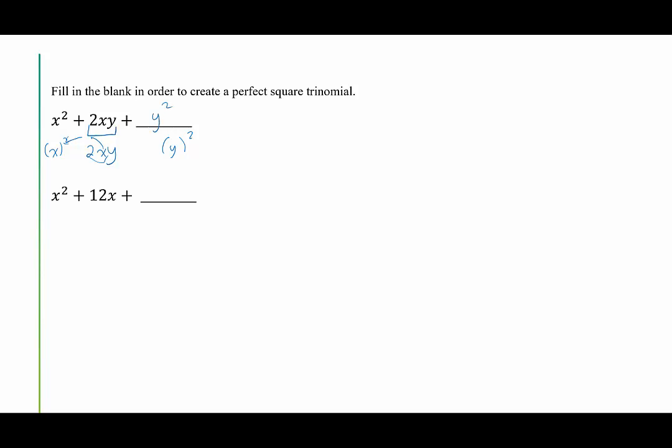I'm just going to put our y squared up there. And of course, we could also have x squared minus 2xy plus y squared. We'll get to that when we need it. Okay, so we have x squared plus 12x plus what would give us a perfect square trinomial? What would that third term be? We know that 12 times x is equal to 2xy.